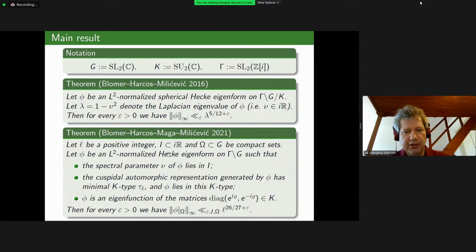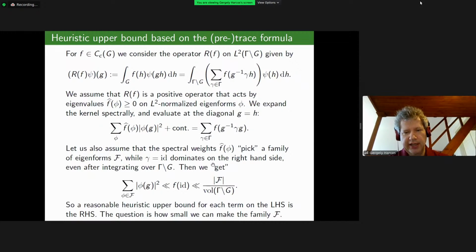And in our situation, we look at cuspidal representations with minimal K-type tau_L and bounded eigenvalue. And then on later slides, you will see, and you probably already know, that the Plancherel density for such cuspidal representations is around L squared.